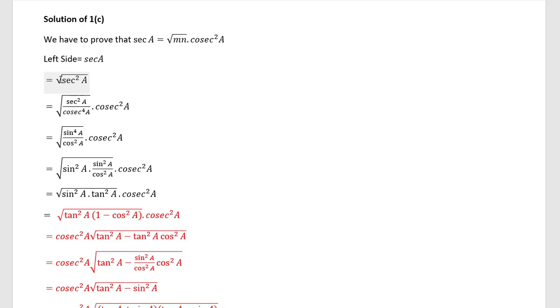Now you have got this root over. Now you need a cosec square a, so you introduce a cosec square a here, and you have to divide this sec square a by cosec power 4a.